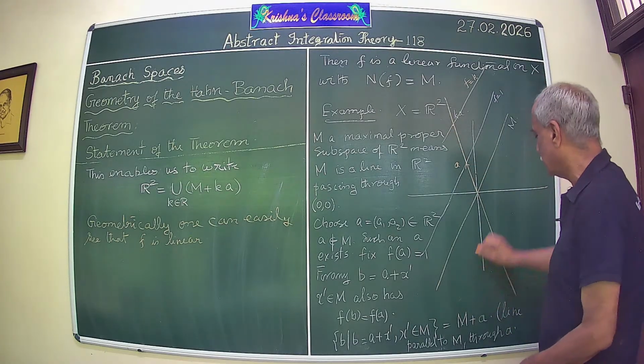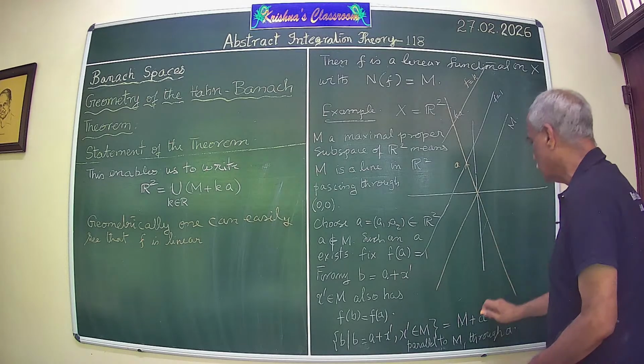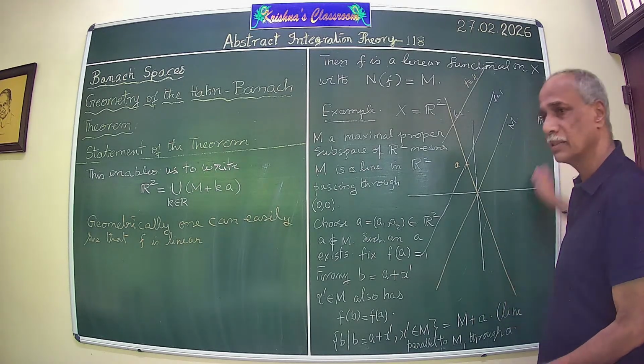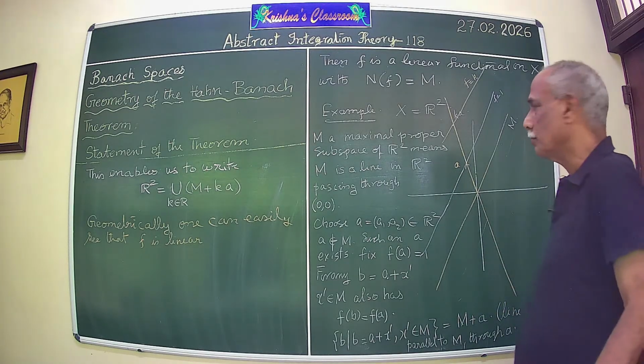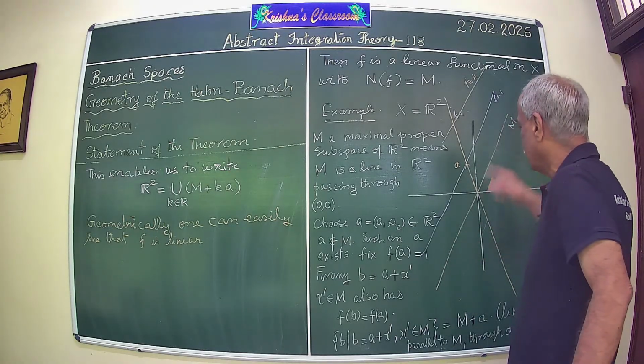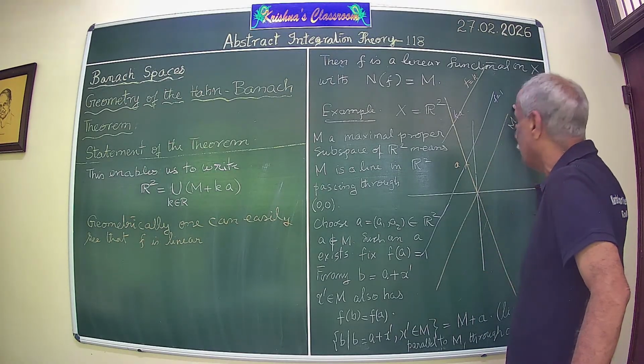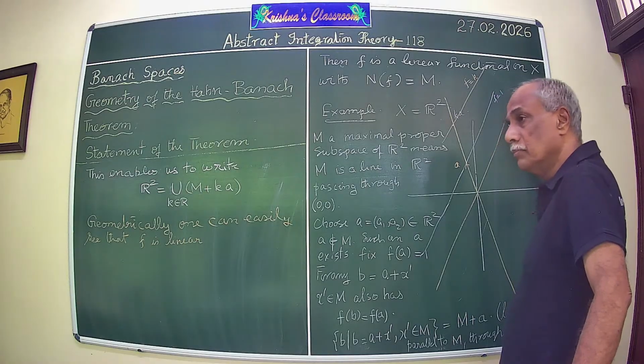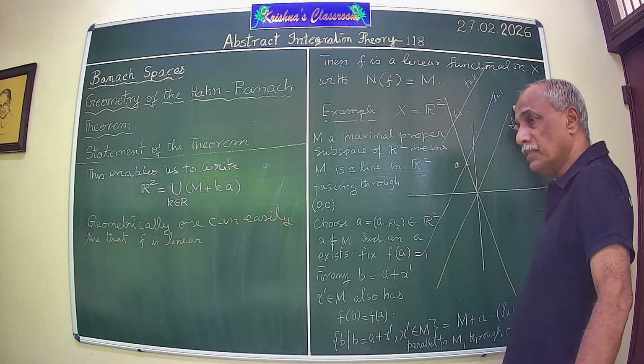So you see that the whole space is now stratified as the union of parallel lines. On the line M, the value of f is 0.